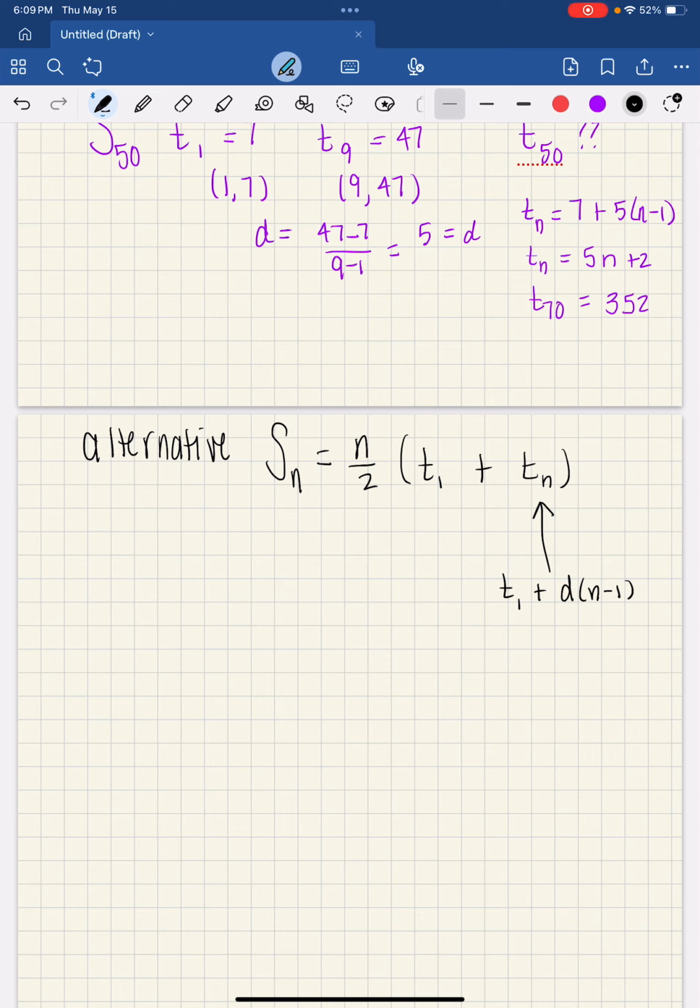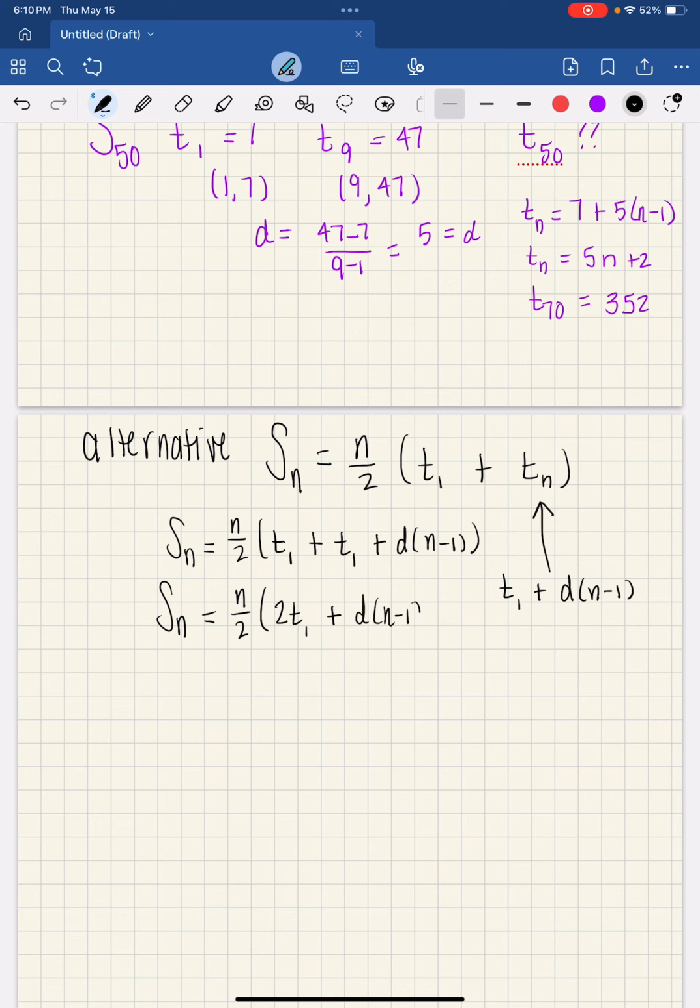So you could also say that S sub n is equal to n over 2 times t sub 1 plus this, which is now my t sub n. Simplifying, you get n over 2 times 2 t sub 1 plus d times n minus 1. And that's an alternative formula.